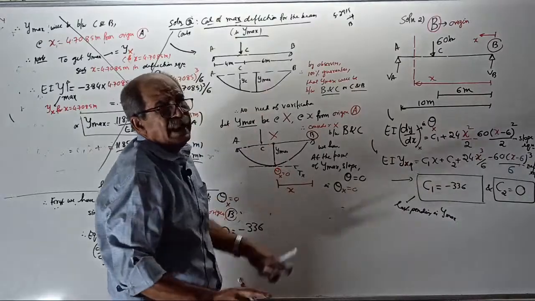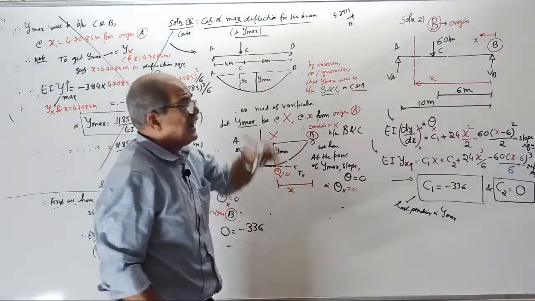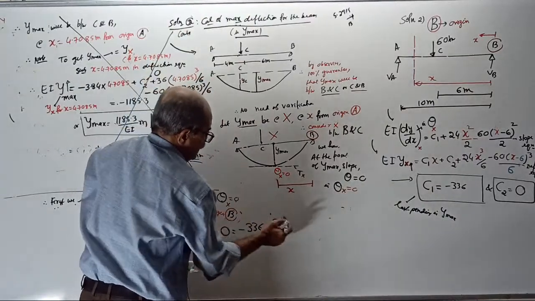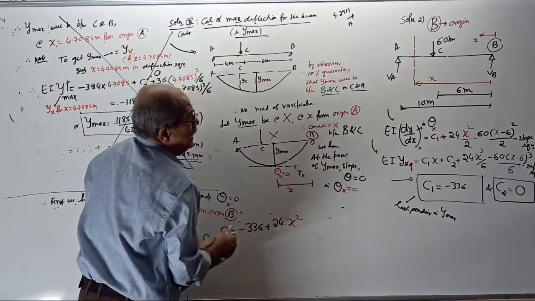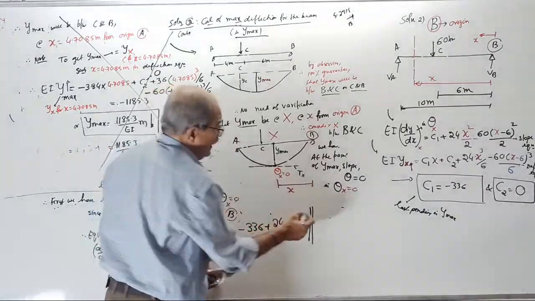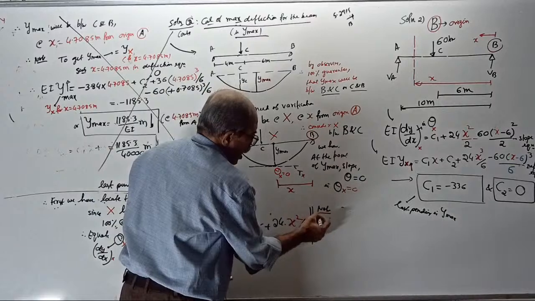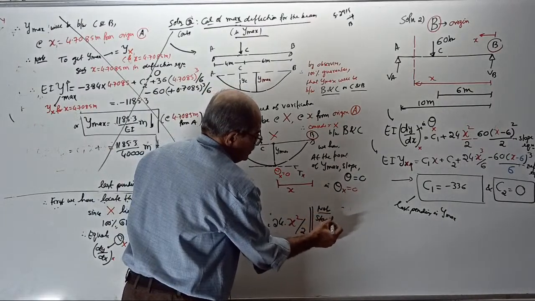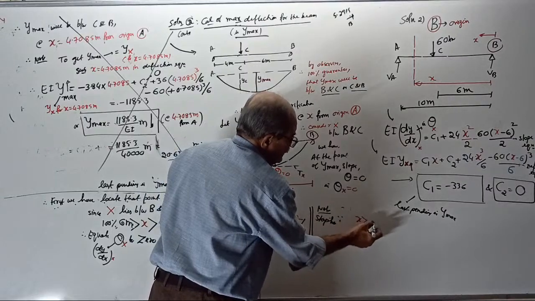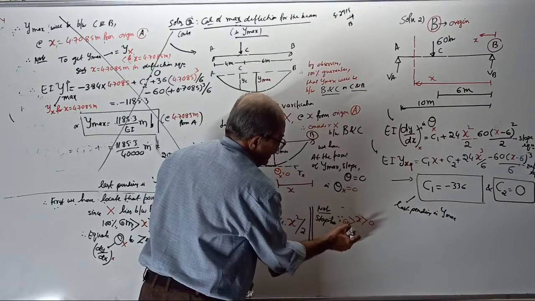Actually, we are not finding y maximum. We are locating x, plus 24 into x square by 2. Stop. Write a note here. Stop here because your x is more than 0, less than 6 meter.